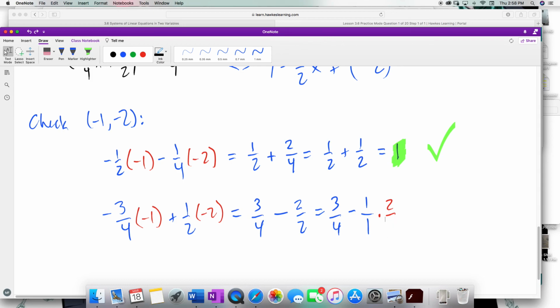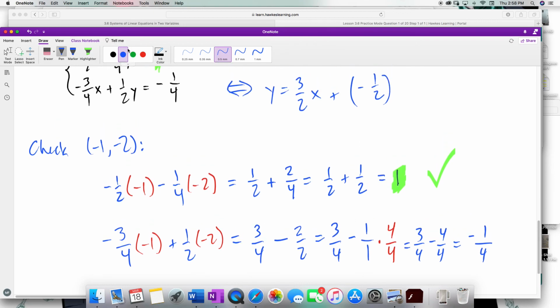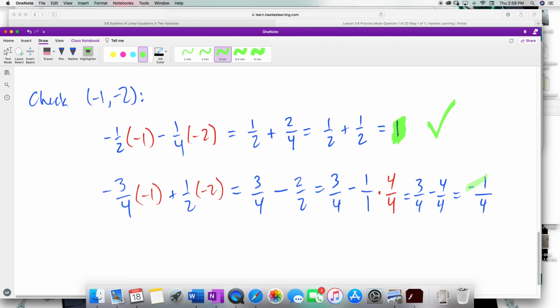Sorry about that. Brain fart. That should be 4/4. Okay, so we have 3/4 minus 4/4. 3 minus 4 is -1. 4 is our denominator, and that was exactly what we wanted. Okay, so we are happy.